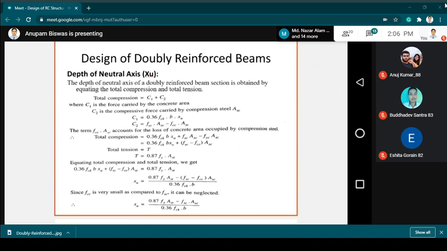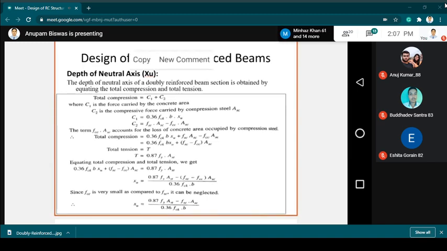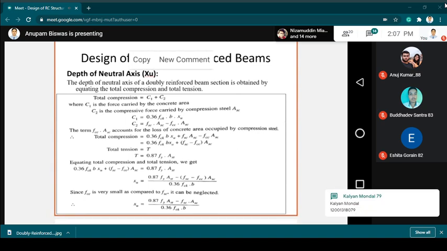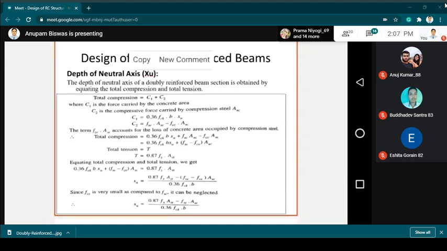Okay. One is your compression steel, for which there will be ASC, and one is the concrete at the level of steel. So of the compression steel, FSC, and also the stress of the concrete at this level of compression zone steel, that is FCC.